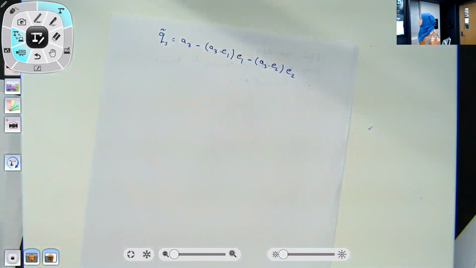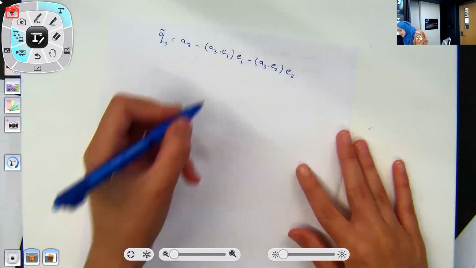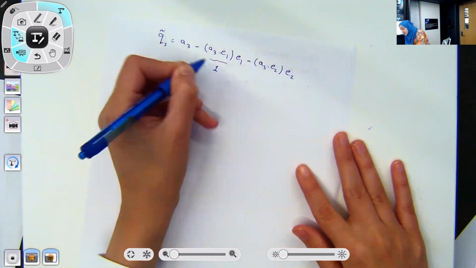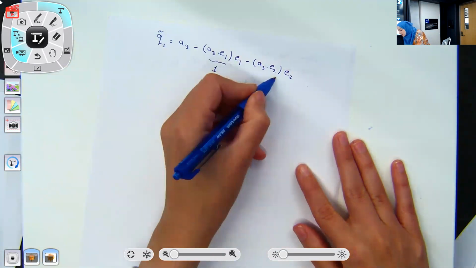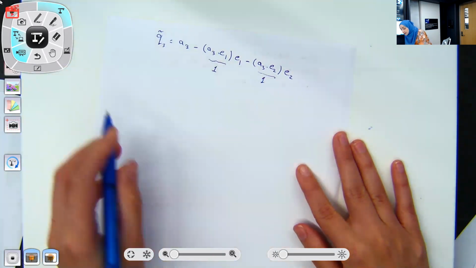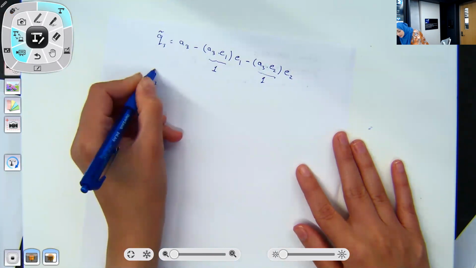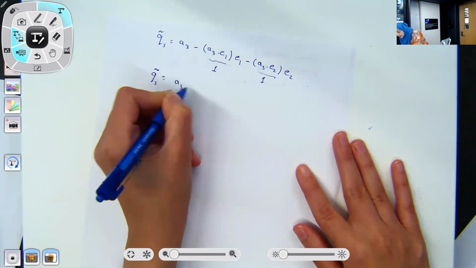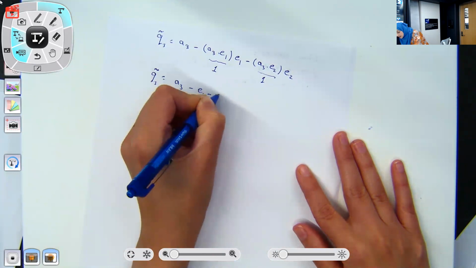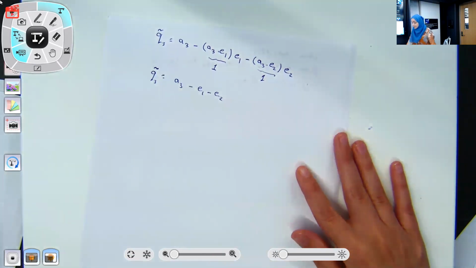If you expand and find the value of E3 times E1, it will give you 1. And E3 times E2 will also give you 1. So the value of Q3 tilde equals E3 minus E1 minus E2.